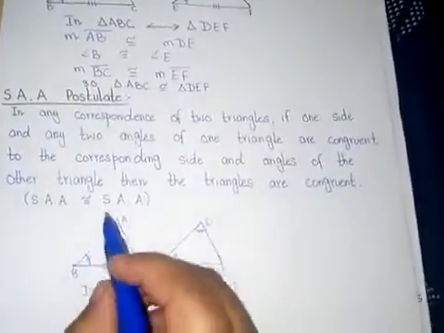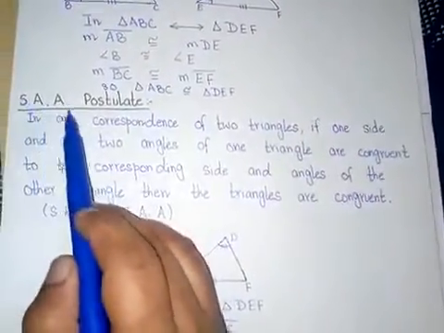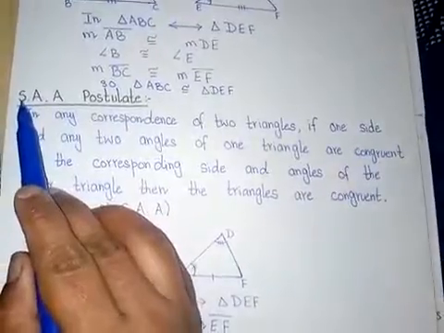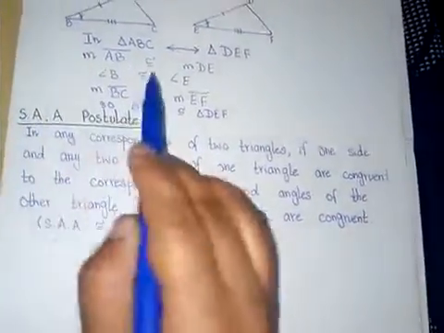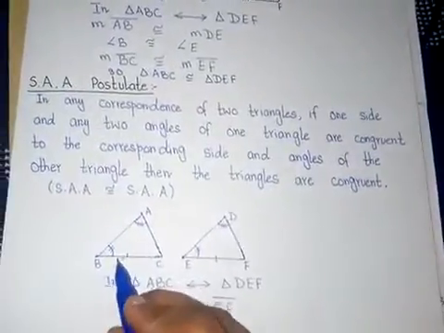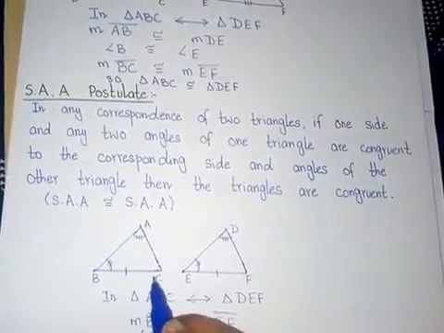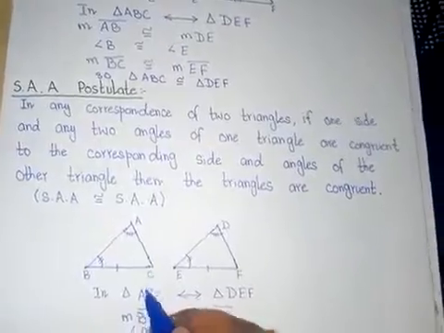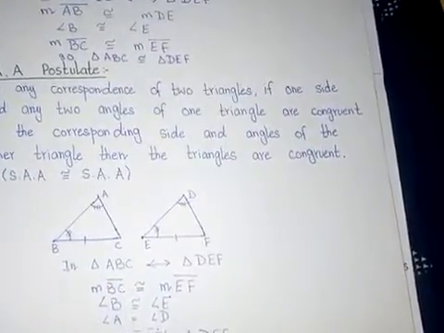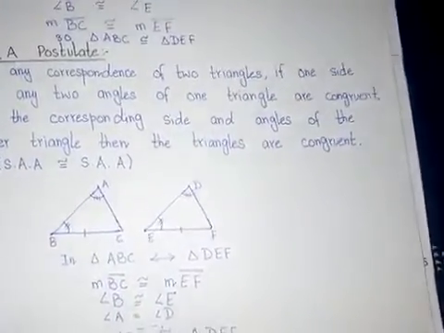And in this postulate we have SAA, meaning any one side and the two angles opposite to it. So I have considered side BC and angle A and B are opposite to BC. Clear? I hope the difference between these three postulates is clear to you.